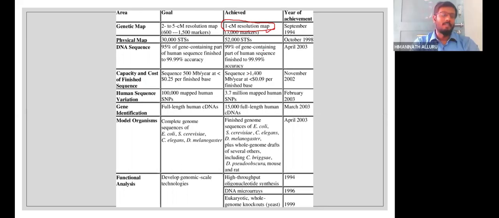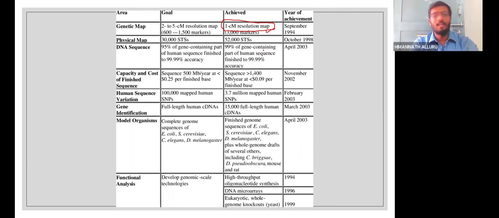Very nice. If genes are located very close, they show more linkage, and when they are located farther apart, they show recombination. The distance between two genes is measured in a unit called the centimorgan. Centimorgan is the unit we use to measure the gap between two genes.